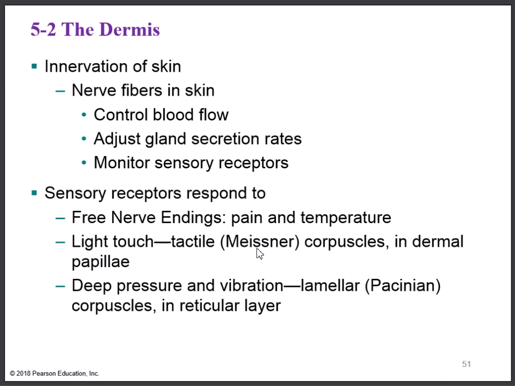They used to call them Meissner's corpuscles. The newer term is tactile corpuscles. These pick up light touch. They're going to be located higher in the dermis, more up in the papillary region. And then down low, you can highlight right here, we have what we used to call Pacinian corpuscles. Now they call them lamellar corpuscles. These pick up deeper pressure and they also pick up vibration. They're typically going to be down low in the reticular region.